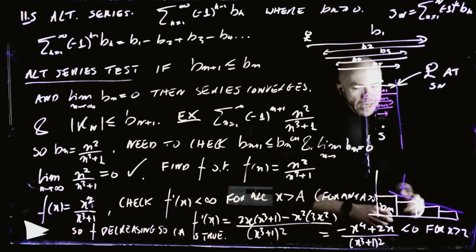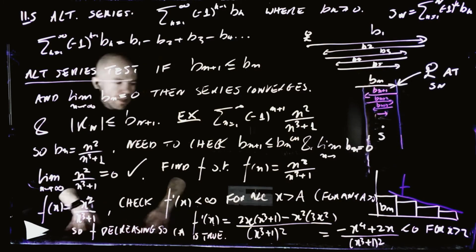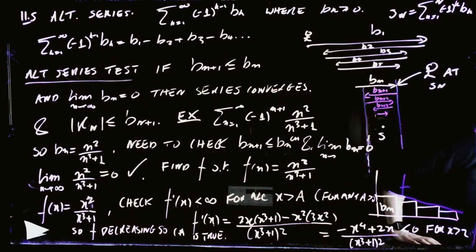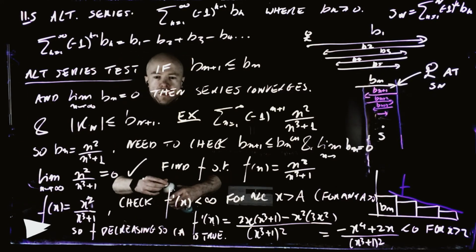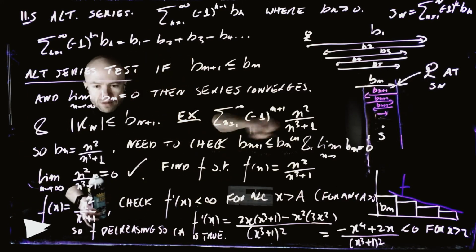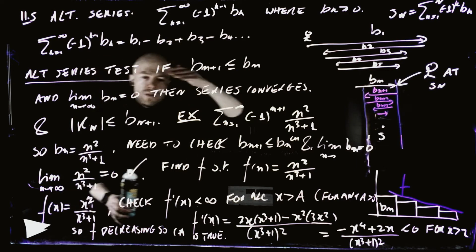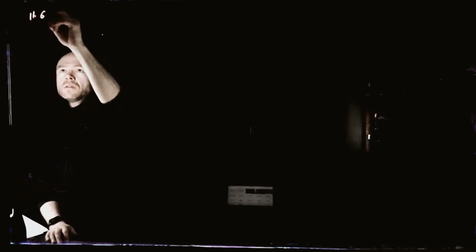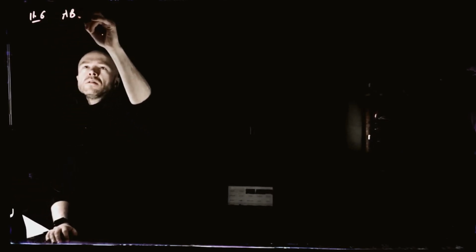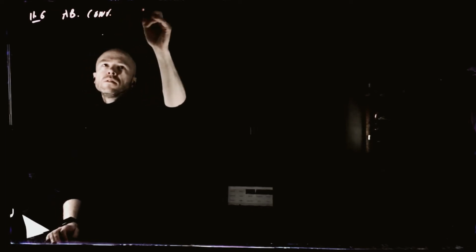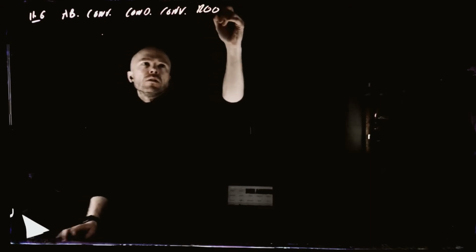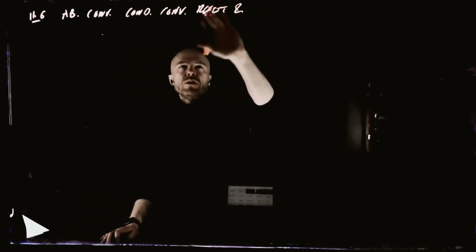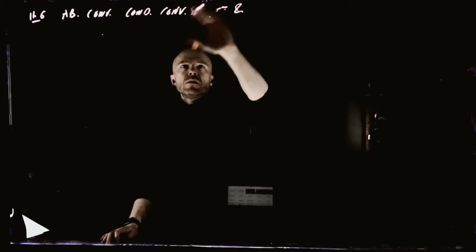So we can quickly determine if something is converging or otherwise, if it's an alternating series, by simply checking that the limit goes to 0 and the terms bn are decreasing. I think this is 11.6. I should really put ratio on root test because ratio is way more important.